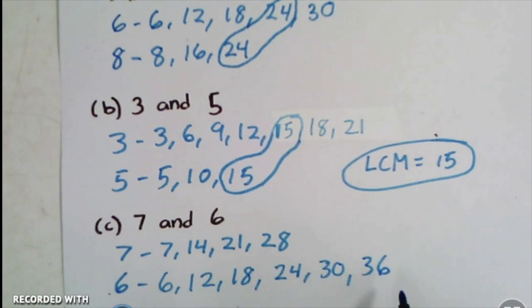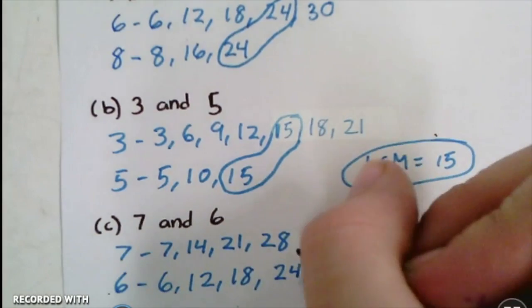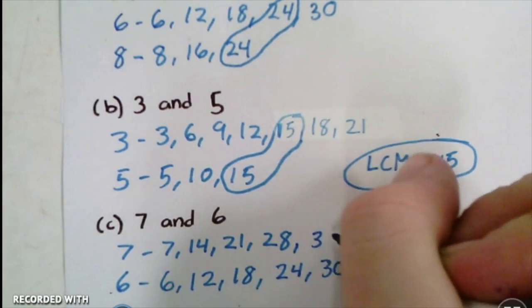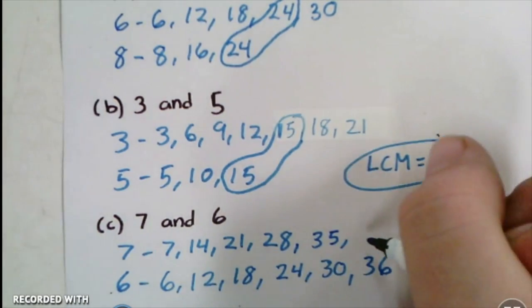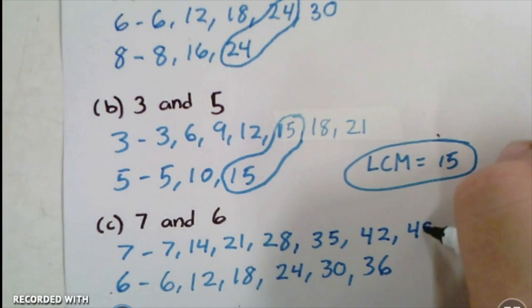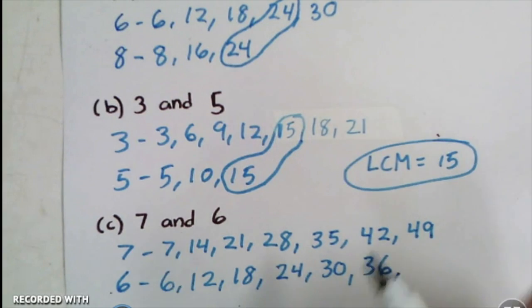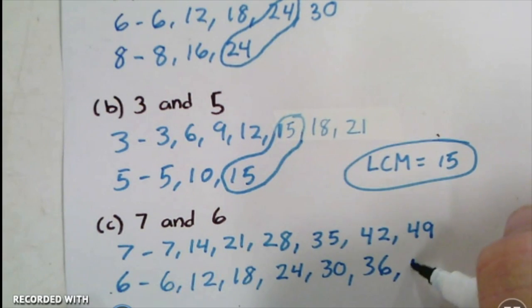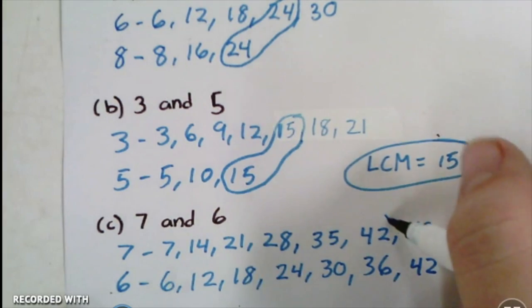Okay, I got all the way past there, so now maybe I'll choose to go back to this one. So I left at 7 times 4, 7 times 5, 7 times 6, 7 times 7. All right, down here, that was 6 times 6, 6 times 7. Oh, there we go.